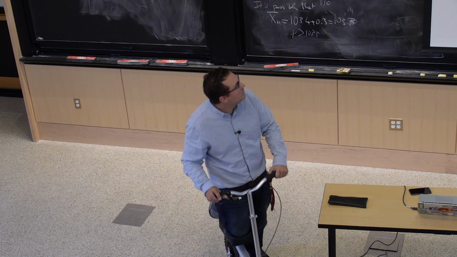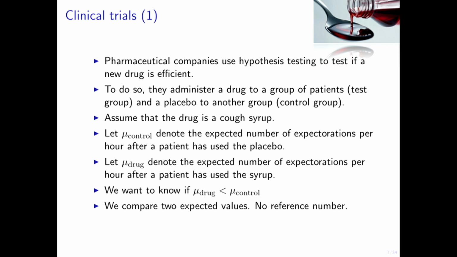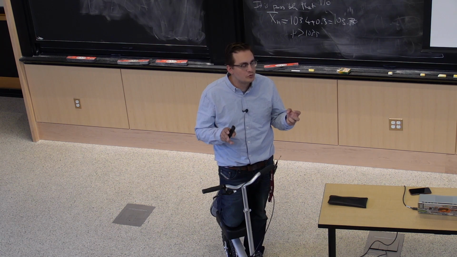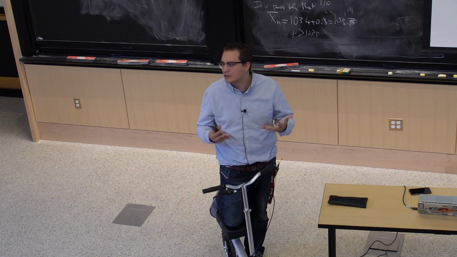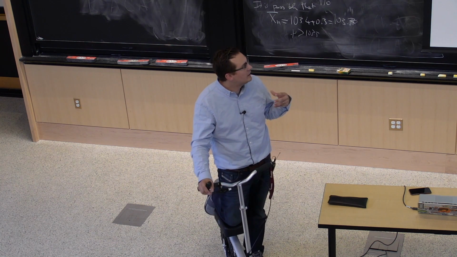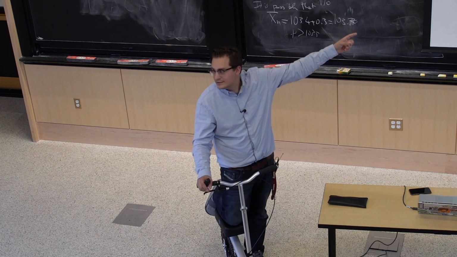All right, so what we're going to do is split our patients into two groups. There's going to be what's called a test group and a control group. The word test here is used in a different way than hypothesis testing, so I will just call it the drug group. And I will refer to mu drug for this group.